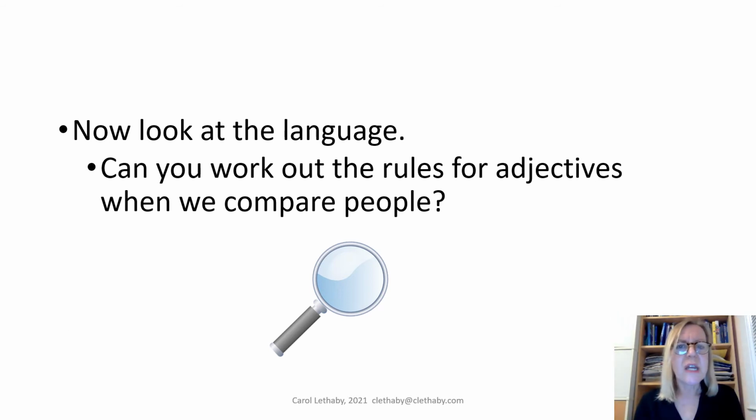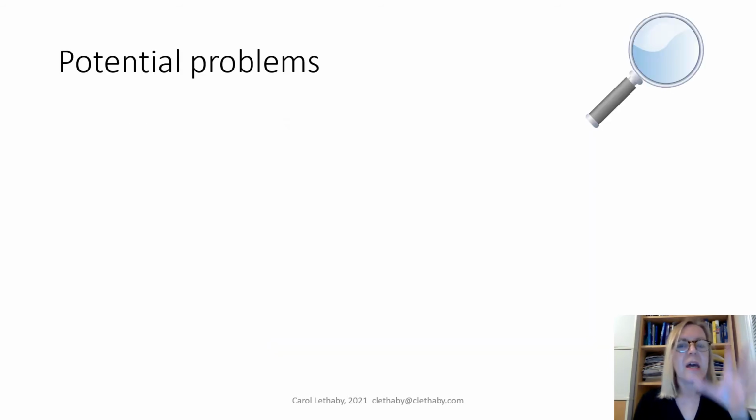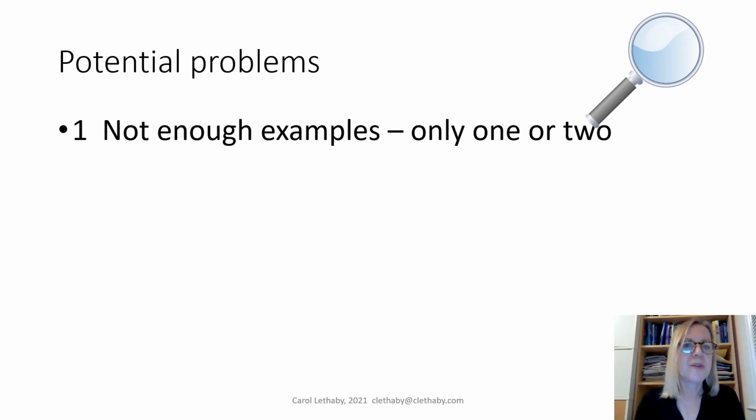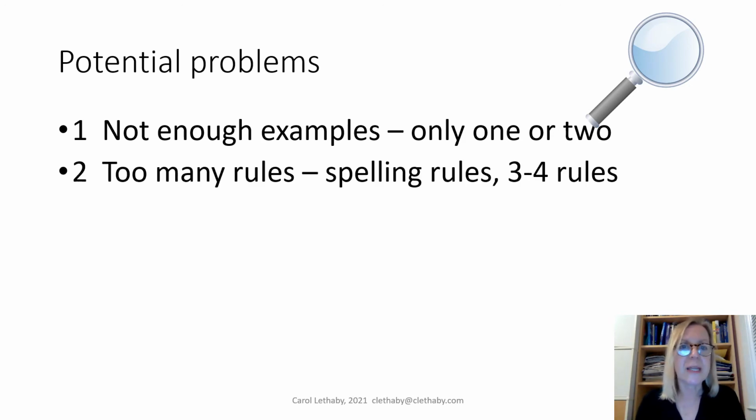Okay, so what we're trying to get them to do, obviously, is to notice the patterns, to discover the rules for when you form comparative forms of adjectives. But if you notice, there are a few potential problems there for learners. Okay, first of all, maybe there aren't enough examples. We've only given one or two examples, so how can you possibly work out the rules from one or two examples only? Secondly, maybe there are too many rules.